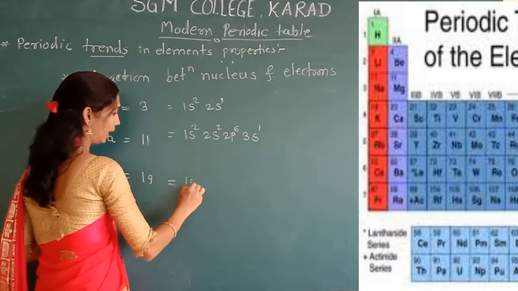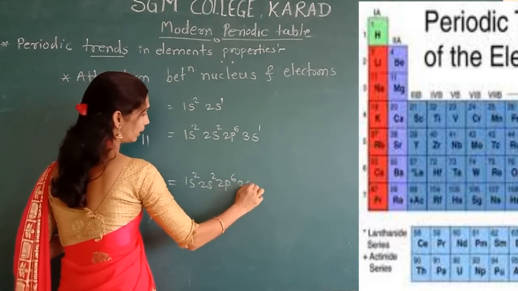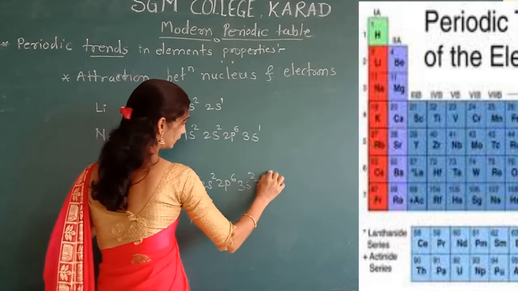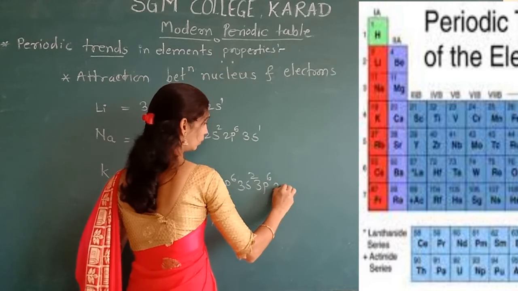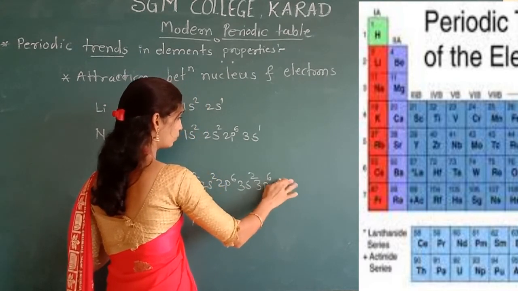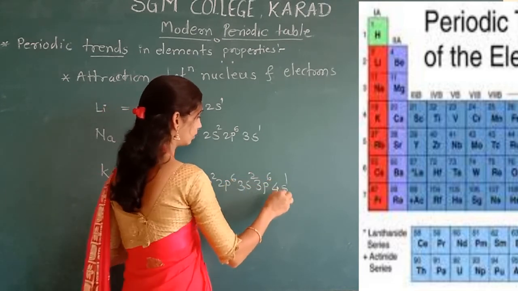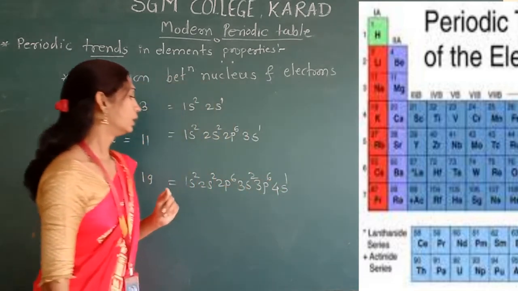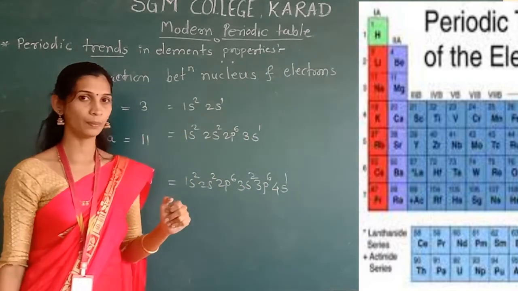Here 1s2, 2s2, 2p6, 3s2, 3p6, 4s1. Now see, these are 3 examples.